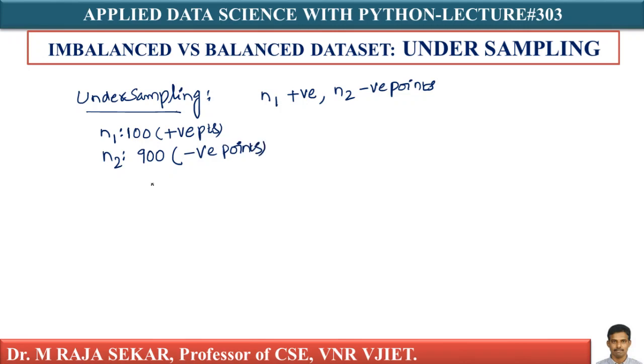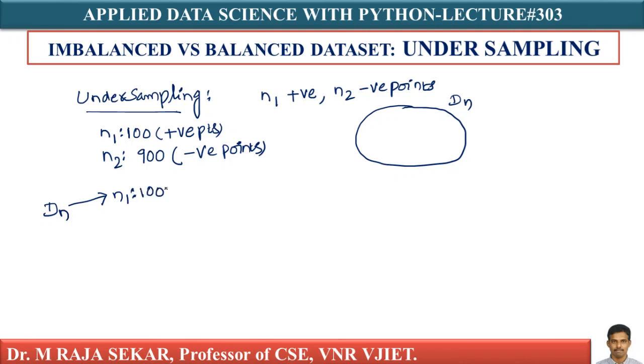What undersampling does is, let me assume this is my original data set Dn. Let me write here also my data set Dn. This data set Dn is split into two sets. One is n1. n1, how many points?